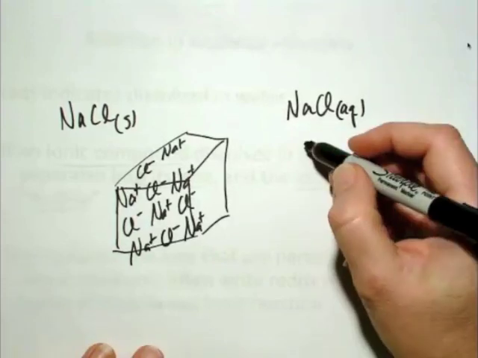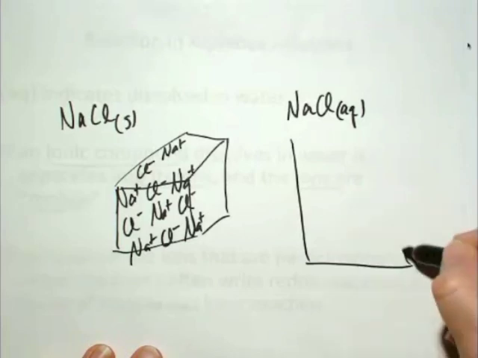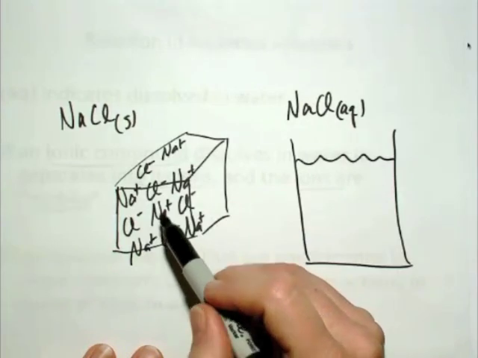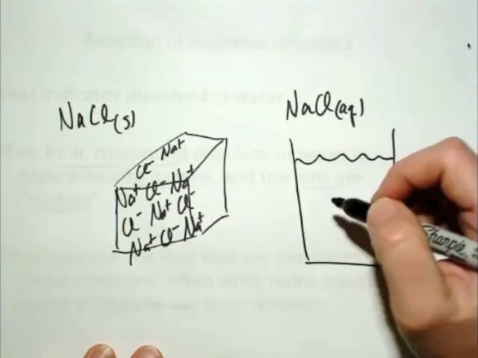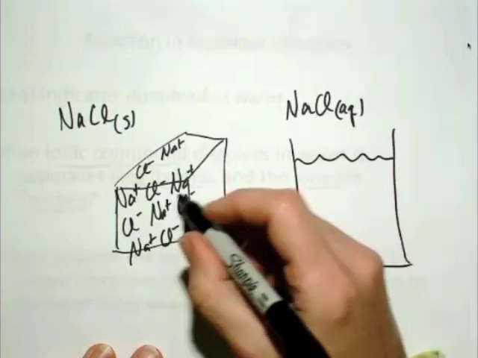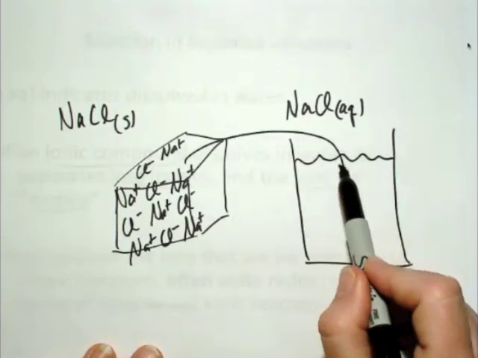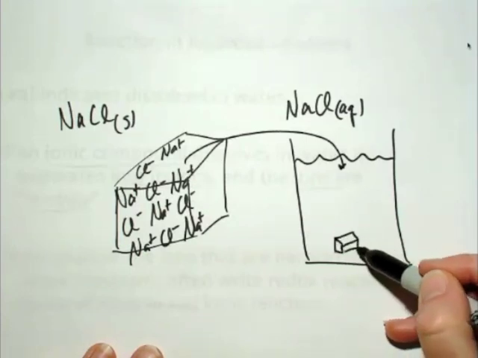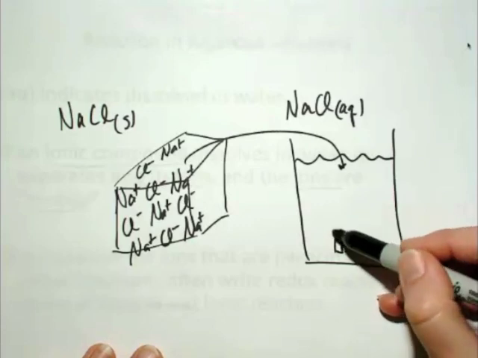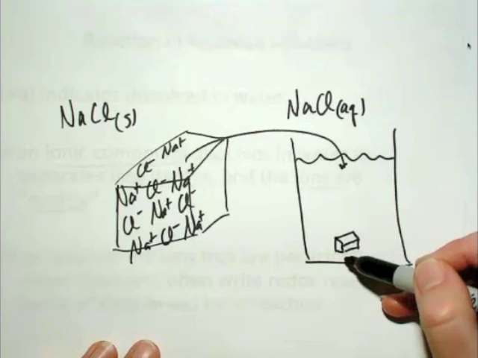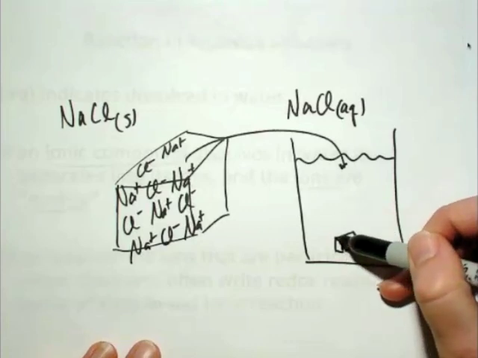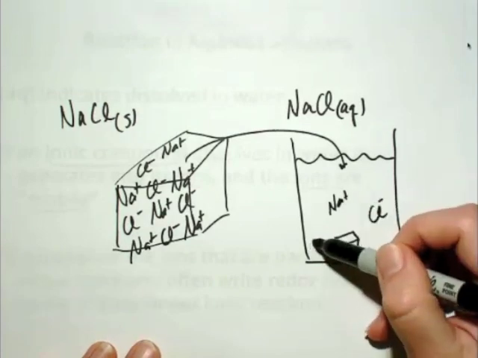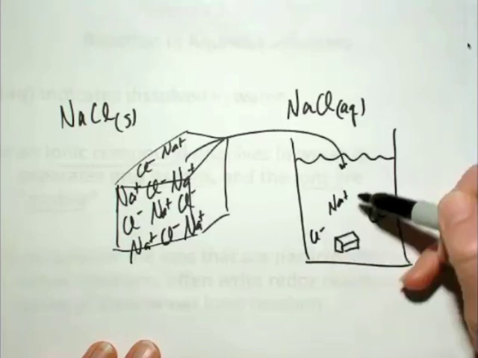And when it's dissolved in water, what you should be thinking is that sodium and chloride are no longer fixed in positions in a crystal, but rather when you plunk that crystal into water, what immediately starts happening is that the sodium and the chloride ions on the surface of the crystal, as it works down and dissolves, are pulled into solution and are floating around in solution surrounded by water molecules. And we'll get into this a bit later when we talk more about water.